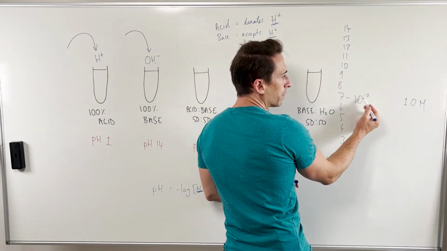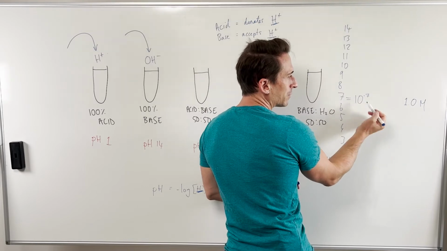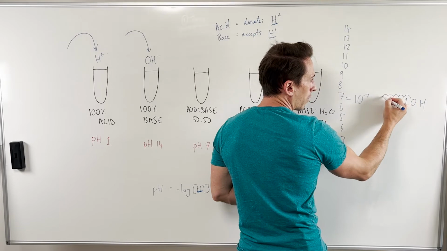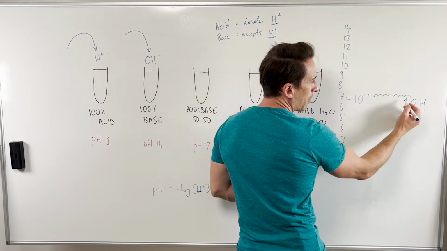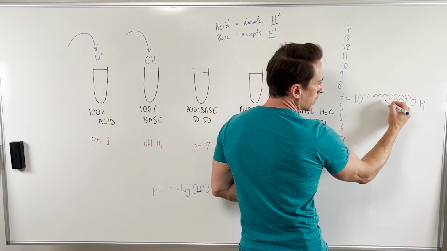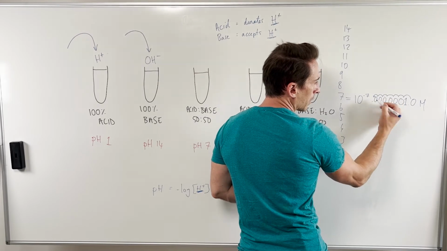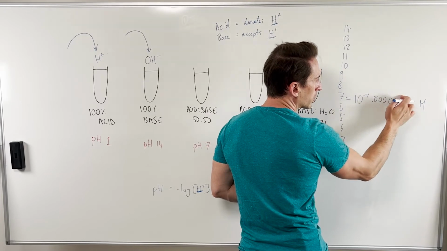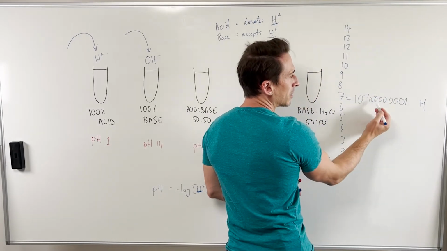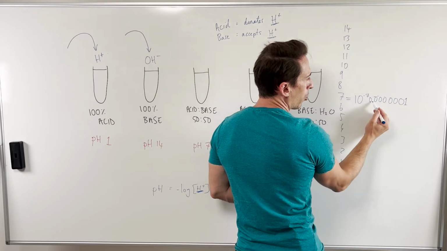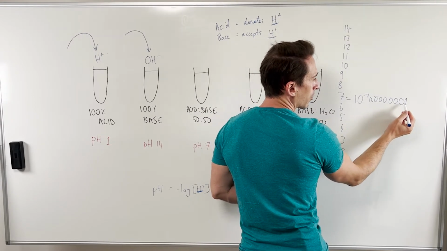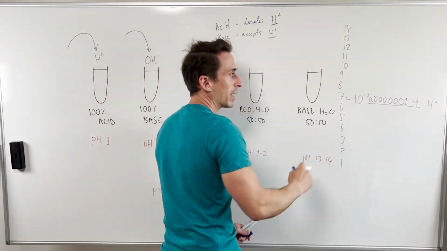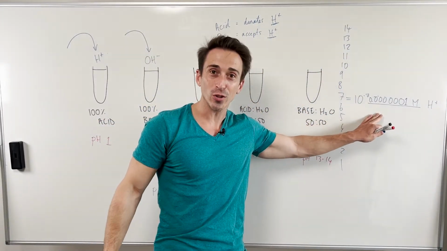If you move to negative 7 decimal places, 1, 2, 3, 4, 5, 6, 7, that now means, if I put the zeros under here, the amount of hydrogen ions that we have in this solution is 0.0000001 molar. That's the concentration of hydrogen ions in a pH 7. So that's not many hydrogen ions.